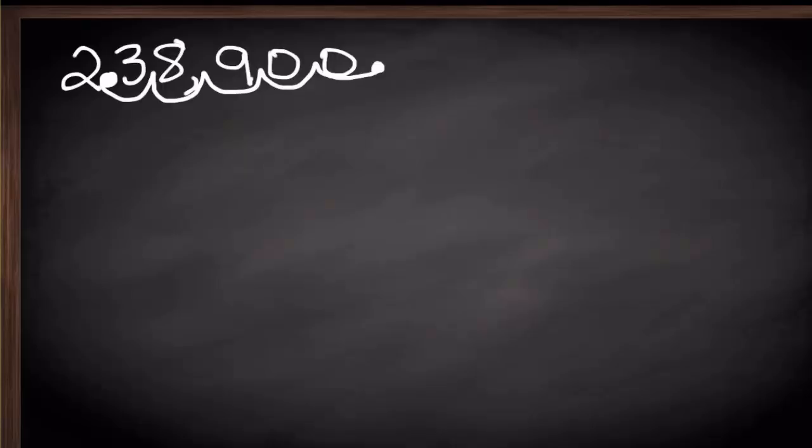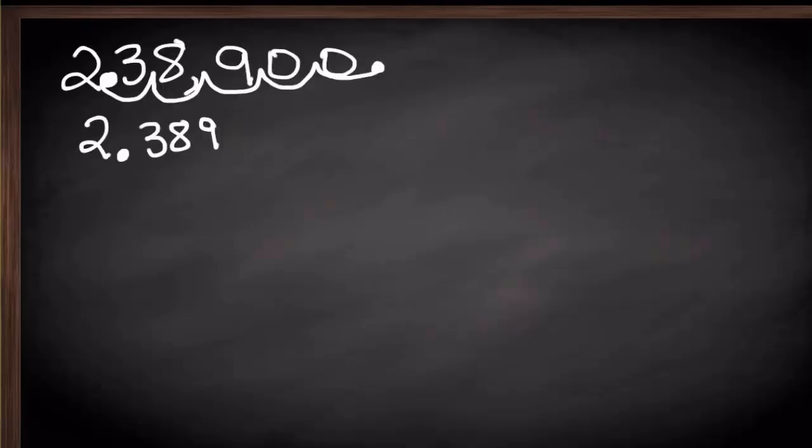And we're going to stop here because the remaining number would be 2.389. And now the zeros are considered to be insignificant, so you don't have to write that. So then you ask yourself, is this number between 1 and 10? If we were to convert this to money, this would be about $2.40. And yes, that's between 1 and 9.